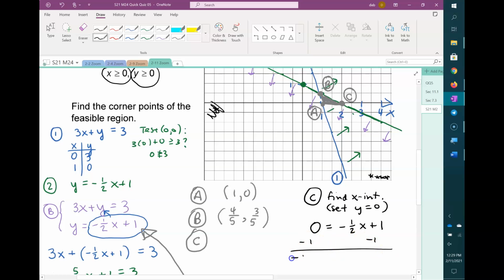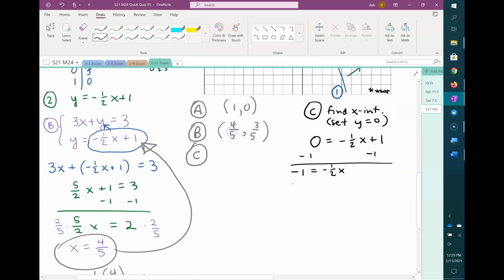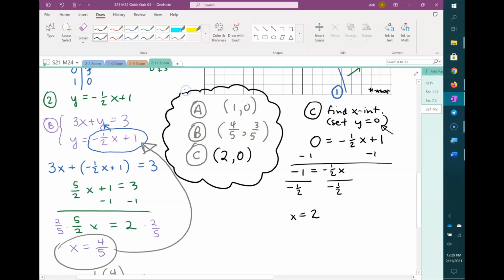Subtract 1 from both sides, and you can divide by -1/2 if you like, and you're going to get that x equals 2. So we found the x-intercept by setting y equals 0, so the coordinates of this x-intercept are 2, 0. So this is the answer to the question, what are the corner points of the feasible region?